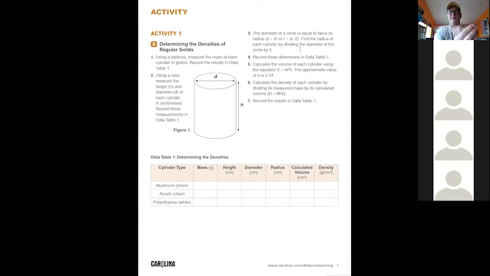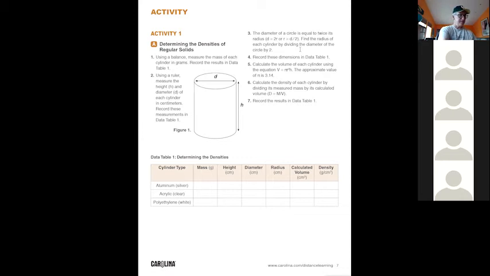Obviously there's going to be a great deal of error using something like this, because we have to estimate half millimeters. Even a small difference, like 1 millimeter in diameter, makes a big difference in the volume. So be ready to assume you're going to make some errors.